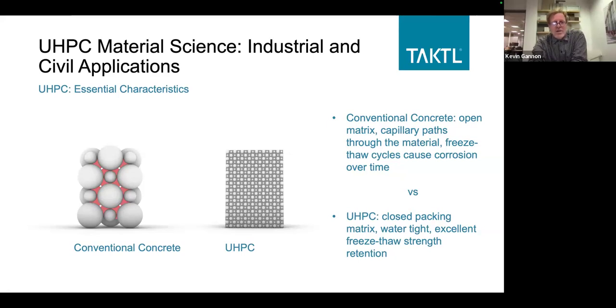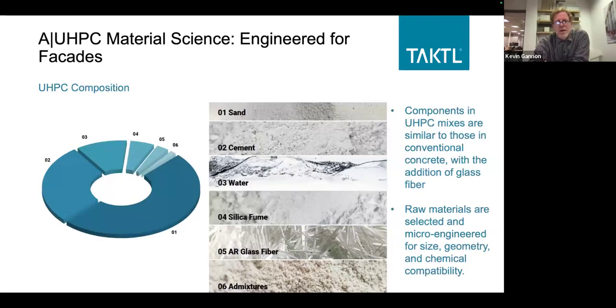Much finer packed, much smaller stuff. So the largest grain of sand in UHPC is way smaller than the smallest grain of sand in conventional concrete. And then it gets smaller from there down to powder. But there's no special secret sauce.